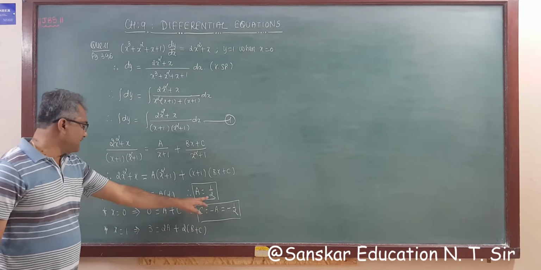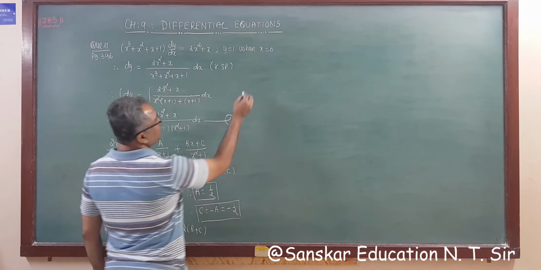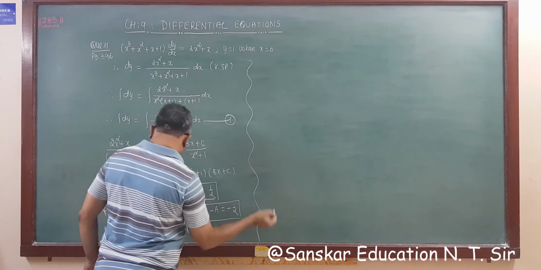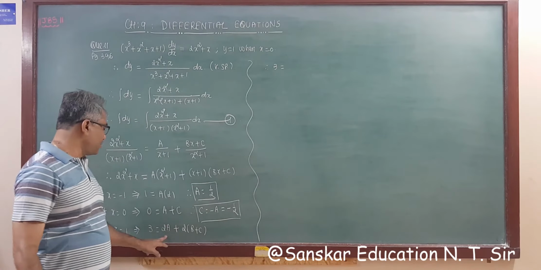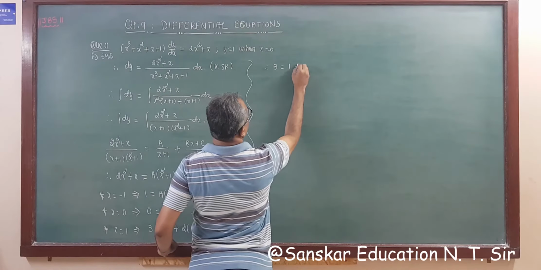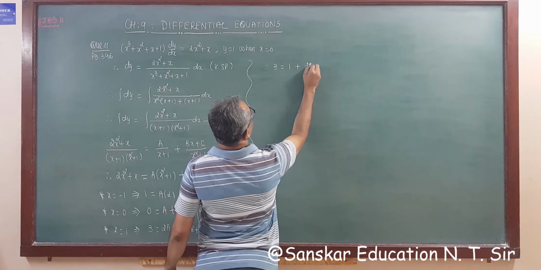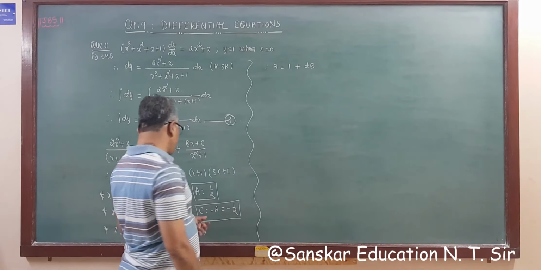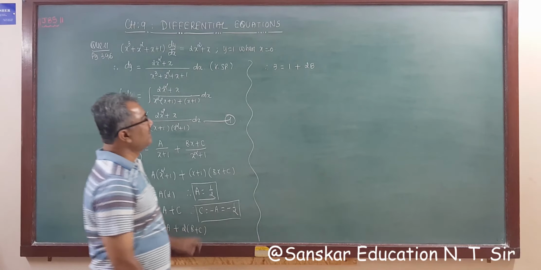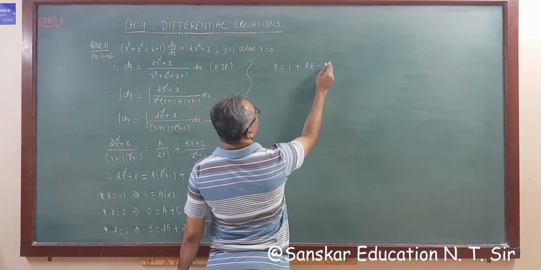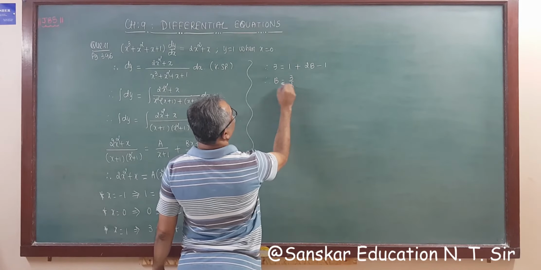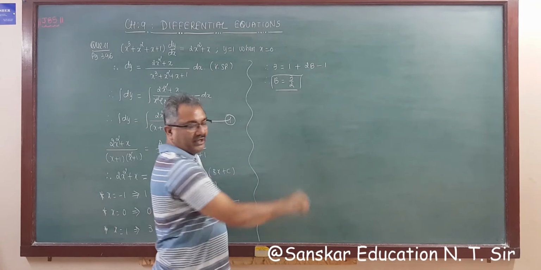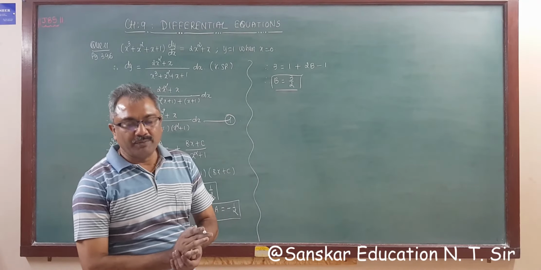Now a is half, so substituting the value of a, we get 3 is equal to 1 plus 2b plus 2c, and 2c is minus 1, so 1 minus 1 will be cut, we get b is equal to 3 by 2.